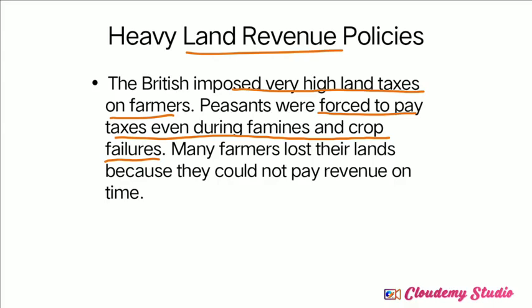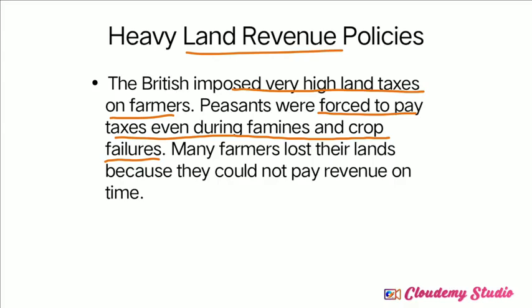We know that in agriculture we do not get constant income, correct? One year, due to drought, farmers do not get good crops. In other years, if floods occur, they lose their crops and income. In all these circumstances, it was compulsory to pay taxes to the British officials.